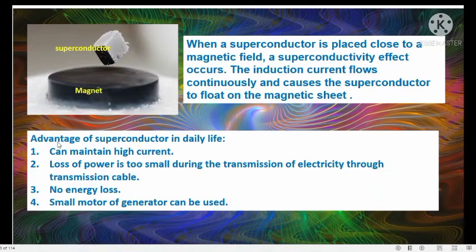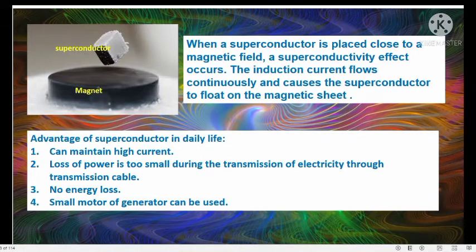Okay. Advantages of superconductors in daily life: it can maintain high current. Loss of power is very small during transmission of electricity through transmission cable. No energy loss. A small motor or generator can be used, because when resistance drops to zero, factors like length of wire and thickness of wire do not affect the resistance.